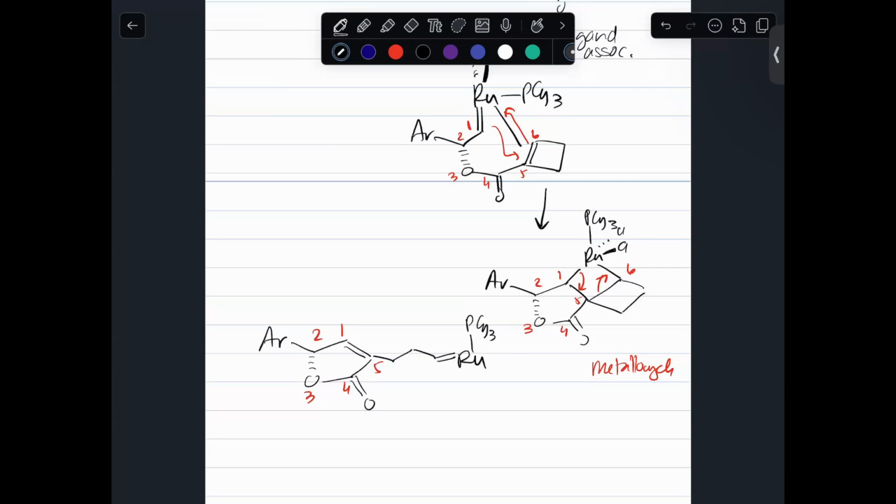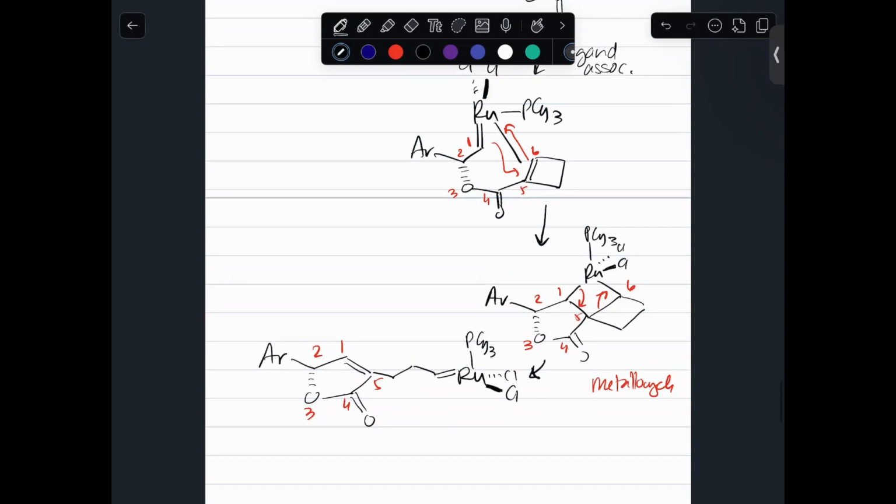And give myself enough space. And now I can go ahead and regenerate my catalyst. So I introduce my styrene for my ligand association.